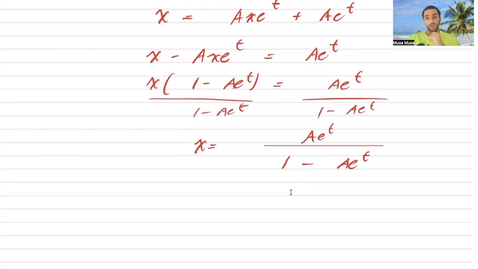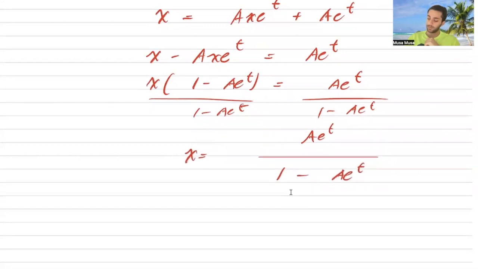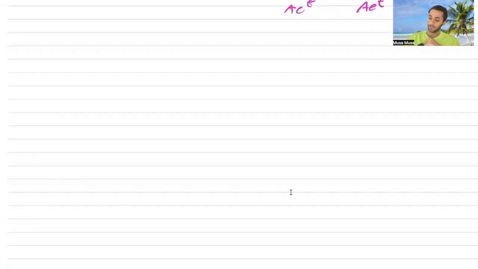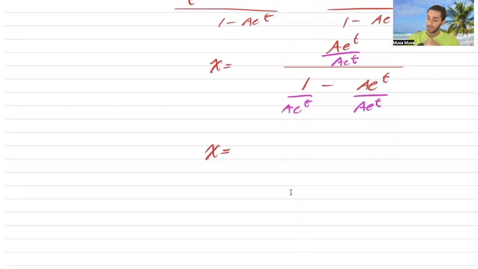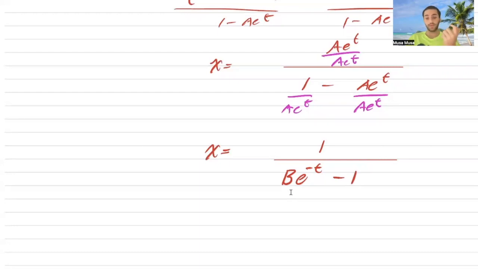Okay, and just to make it a bit neater, let's divide every term by a e to the t. That becomes 1 over, and then 1 on a just becomes a new constant b, and it's e to the minus t minus 1. There you go. Not bad. So that's how you do this.